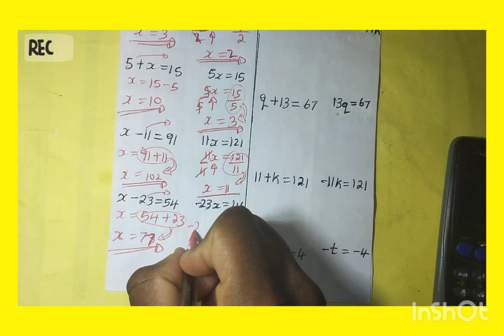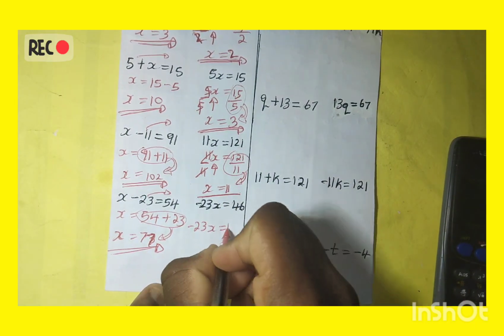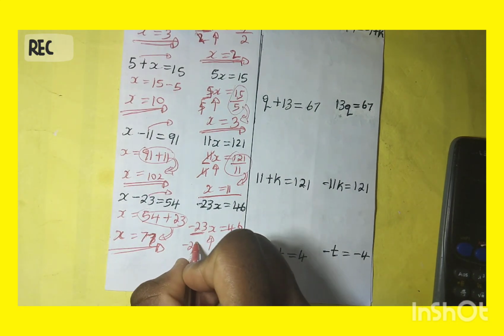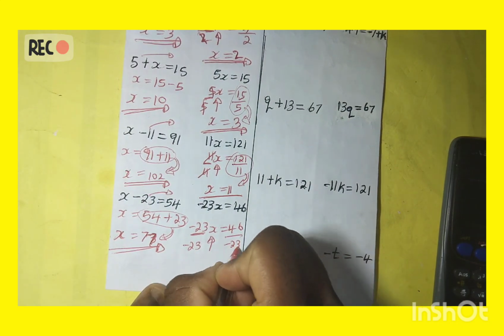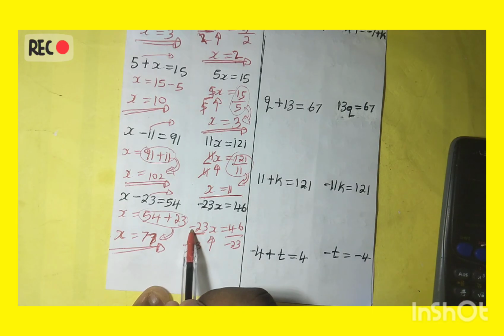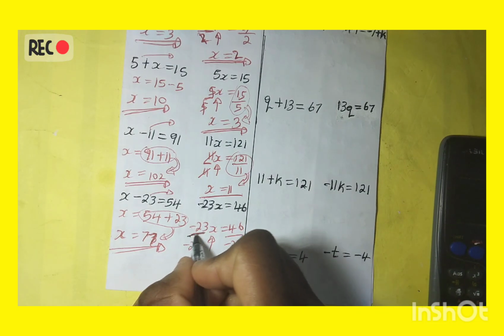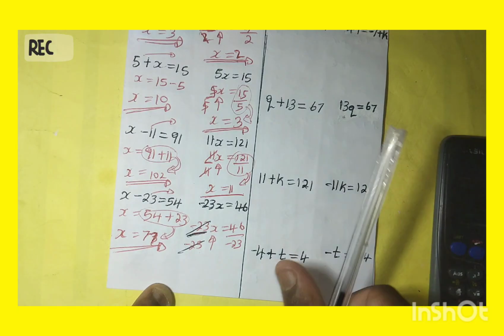Then what about this one, which is negative 23x equals 46? What is in front of x, you need to divide both sides by it. And make sure, guys, that when you divide, it goes with the negative, meaning that you'll use negative 23. Divide both sides by negative 23, so that when we divide those things, they will cancel.